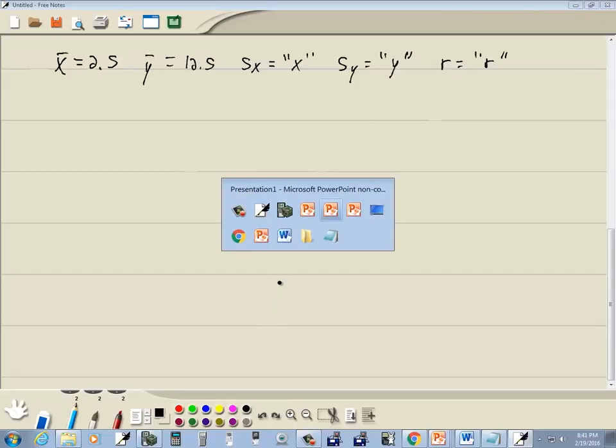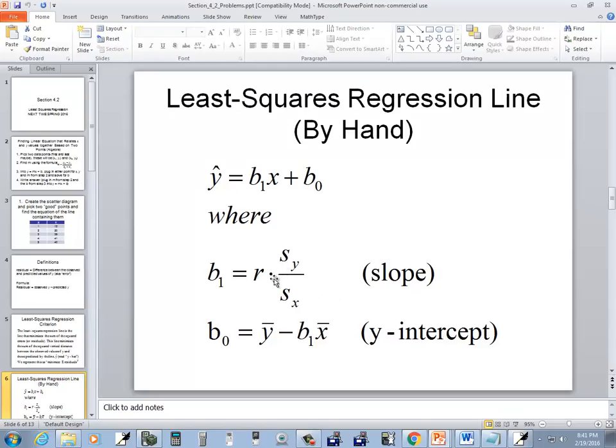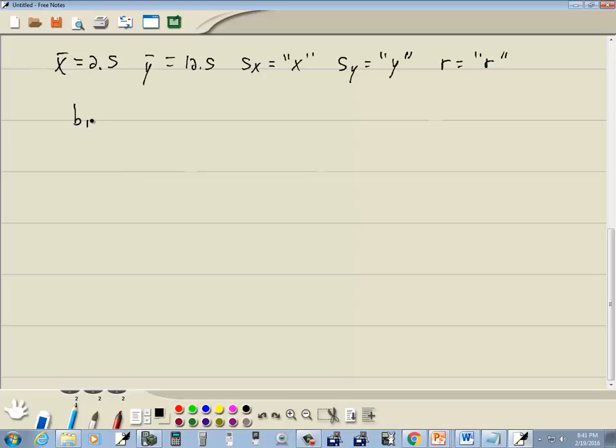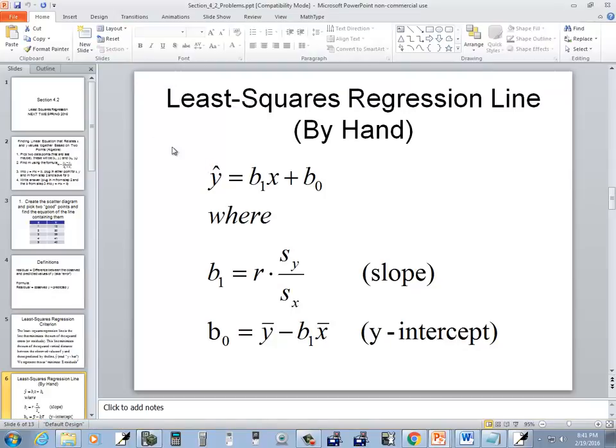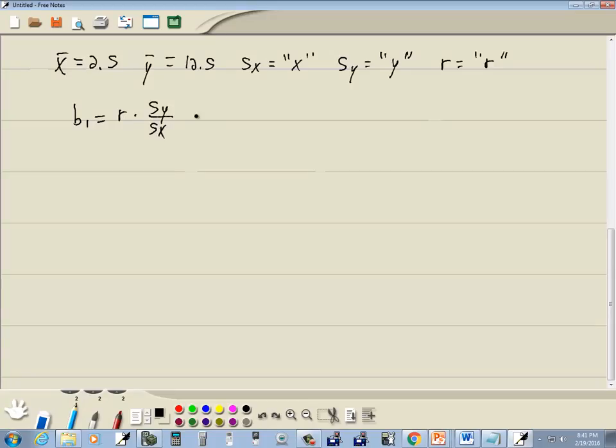So now B sub 1 is going to equal R times S sub Y over S sub X. If you remember where we stored these, R we stored in R, times S sub Y, which we stored in Y, over S sub X, which we stored in X.